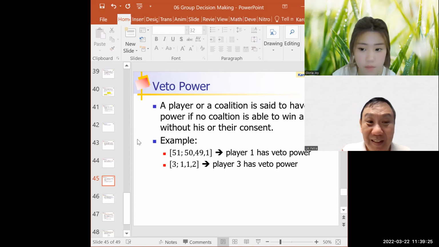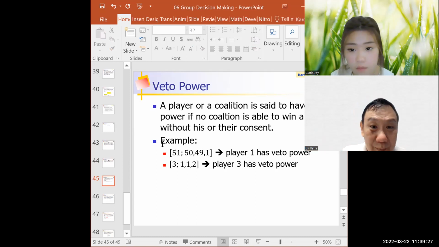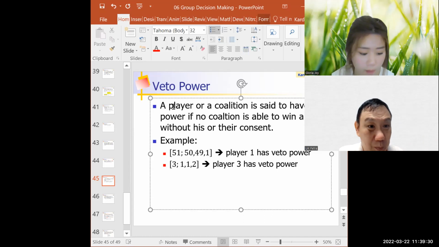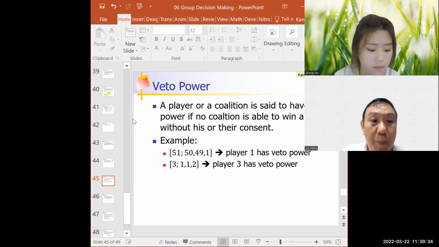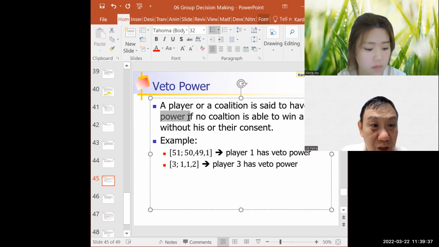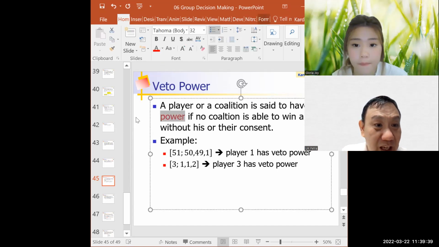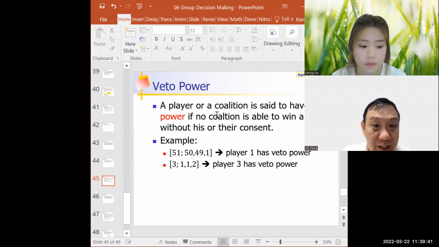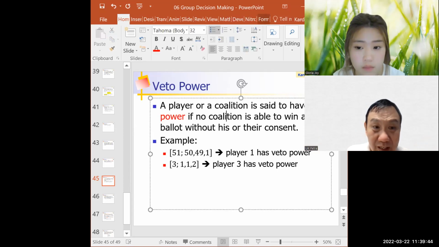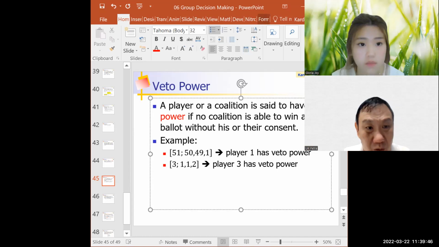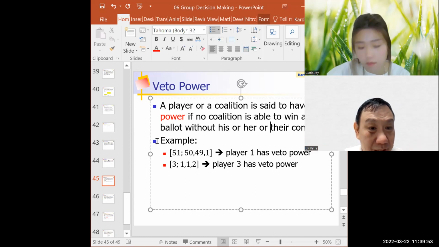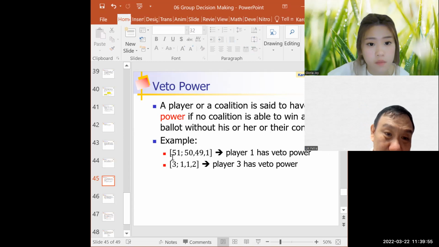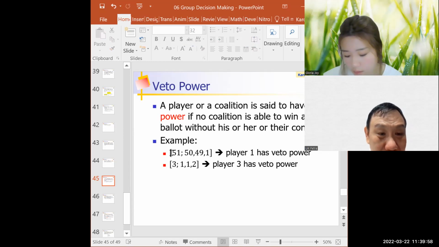This is what is called veto power. A player or a coalition is said to have veto power if no coalition is able to win the ballot without his or her, or their, consent. For example here, look at this.